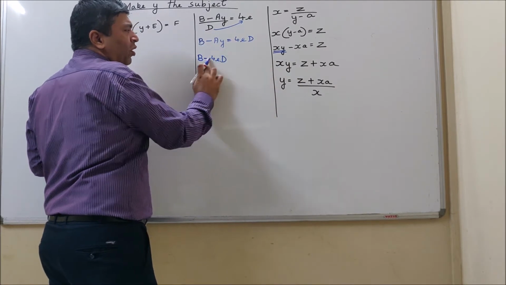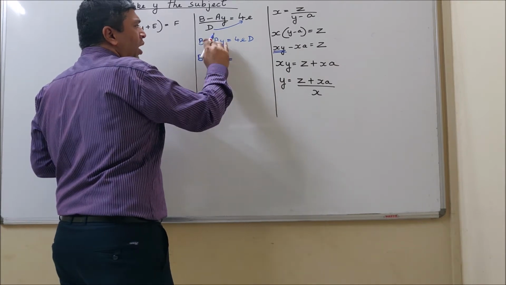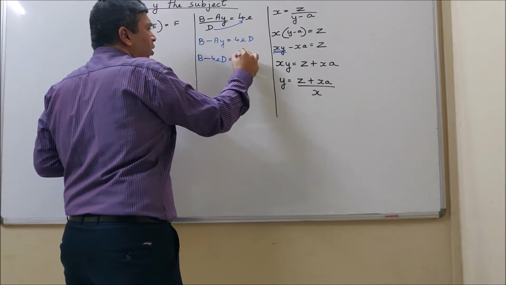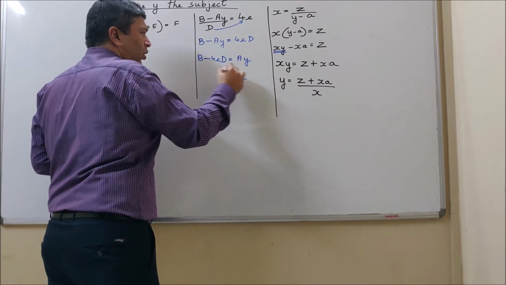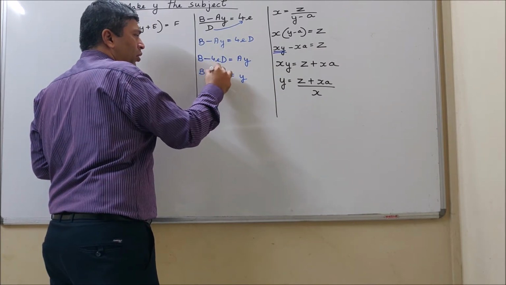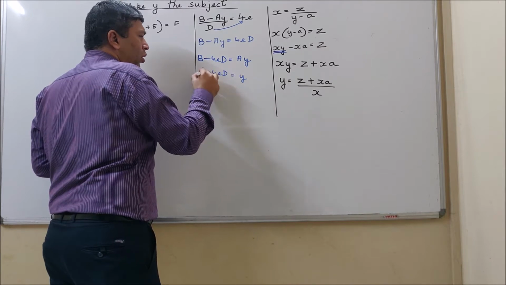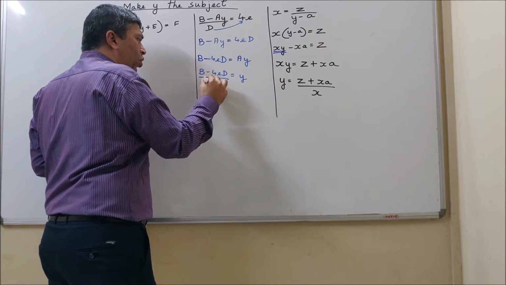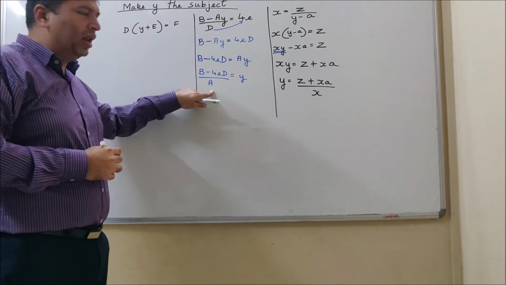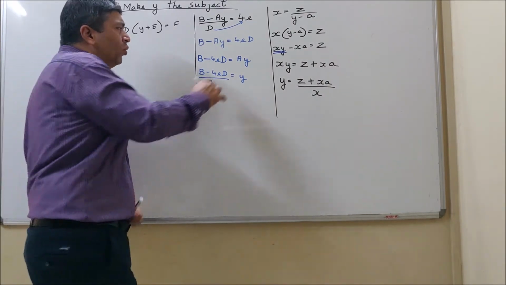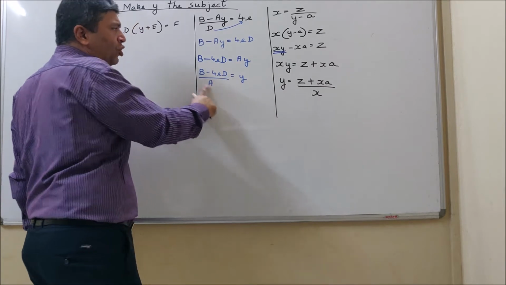Because it was positive, it became negative. And this, what is negative, becomes positive. The a will go down. See how I did it? Because it was multiplication, it became division.